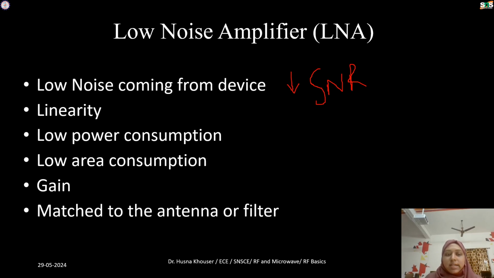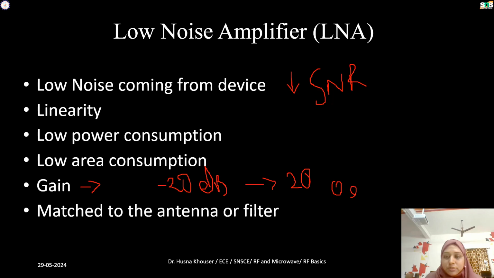Of course, the gain of the LNA is an important parameter, because in the case of a receiver system, if the signal we are getting is at minus 20 dB, we need a minimum gain of 20 dB to get the 0 dB output.